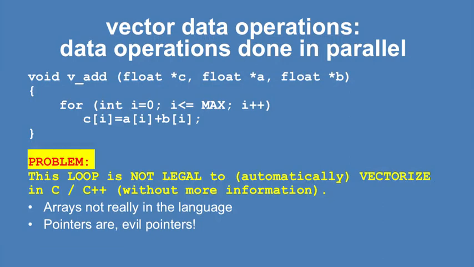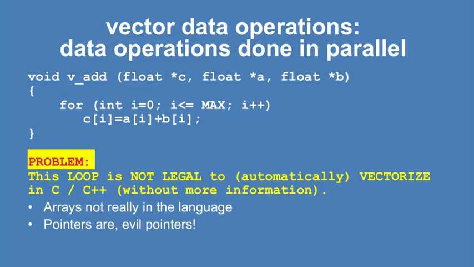A little problem. I showed you this simple loop. This loop's not legal to vectorize because in the C or C++ language, these parameters can be aliased. They could overlap, and picking them up 4 at a time may make the program behave differently. So here enters the headache of getting things to vectorize. You wrote a program in C like this that said do it 1 at a time, and the compiler is going to take you quite literally.